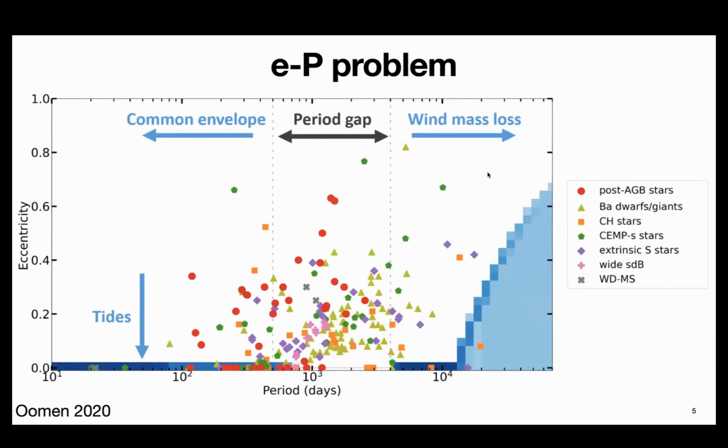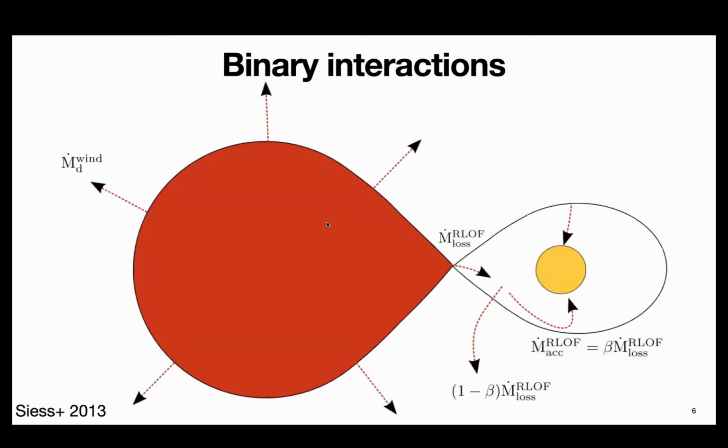So that's this movement to the right in the diagram to higher periods. But if the companion is close enough, then a binary interaction will occur. Here I'm showing a schematic of how that looks. The primary swells up and starts filling its Roche lobe, which is denoted by this figure of 8, and then mass will start transferring from the saddle point onto the companion.